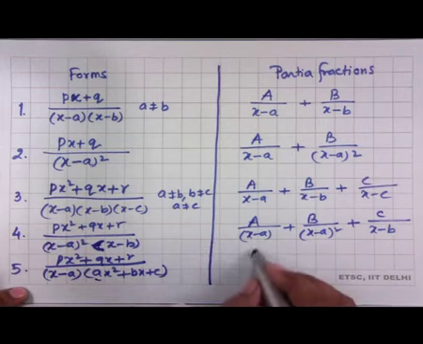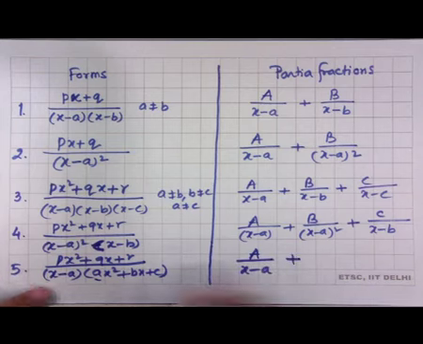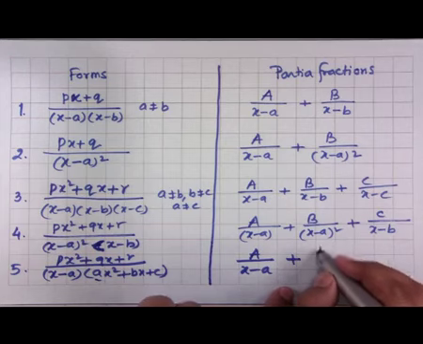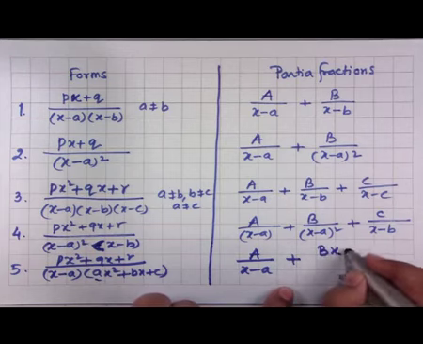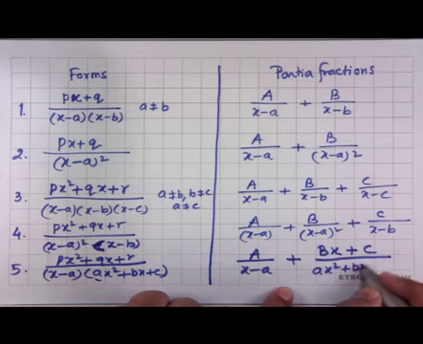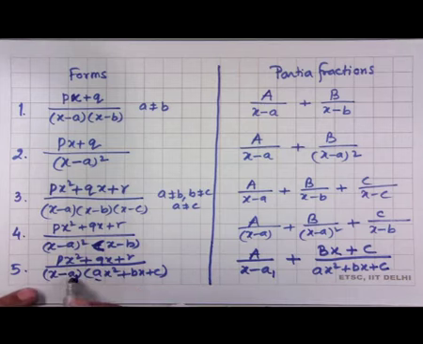In that case, the choice is A upon x minus a, the linear factor separately, plus, corresponding to the quadratic factor which cannot be further factorized into linear factors, the choice for the partial fraction will be (Bx plus C) by (a1 x squared plus bx plus c). Let me call it a1 so that there is no confusion, the two terms are different, a and a1. So, it has a distinct root here, and these are the coefficients of the polynomial.